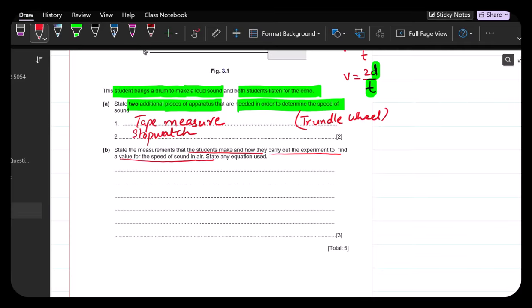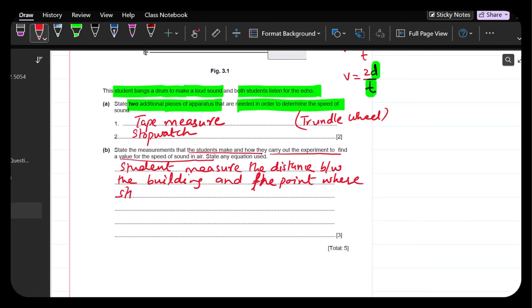So first of all, student measures the distance between the building and the point where student will bang the drum. One thing. Then another student, the second student basically is going to do this.